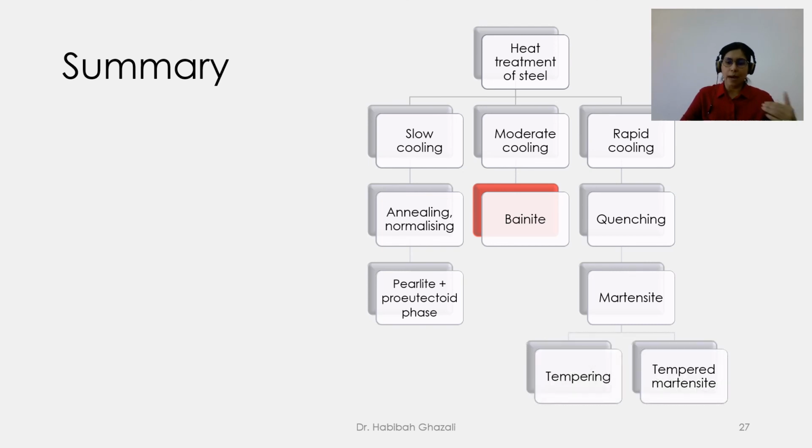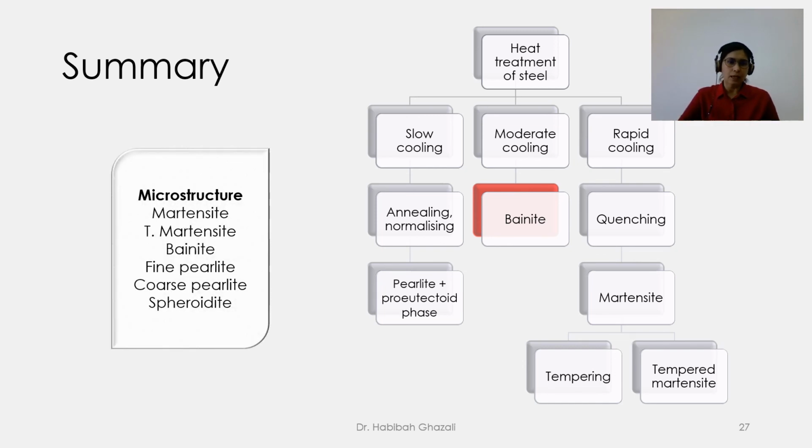And for martensite, since it's not useful, we need to do the tempering process, which will result in what we call tempered martensite. This microstructure, the one that I showed you before, is what we call tempered martensite. In general, the strength of these materials increases from spheroidite to martensite microstructure.